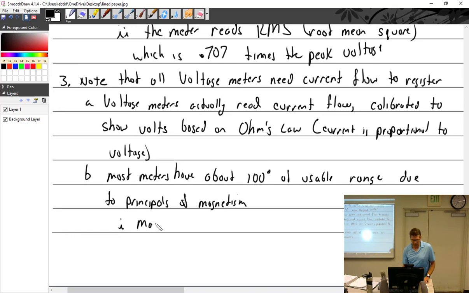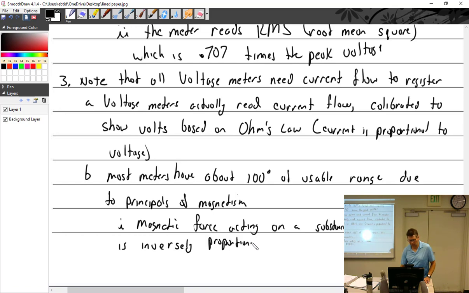Magnetic force acting on a substance is inversely proportional to distance. Which again is to say the further the distance, the less the force. So meters can only read a certain range before the magnetic force is actually out of play in it.